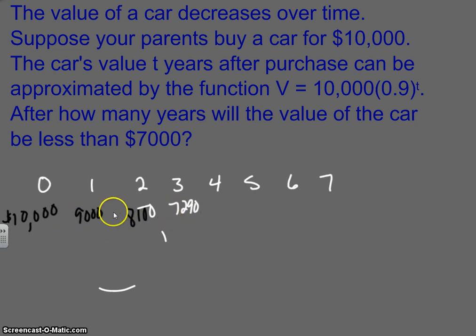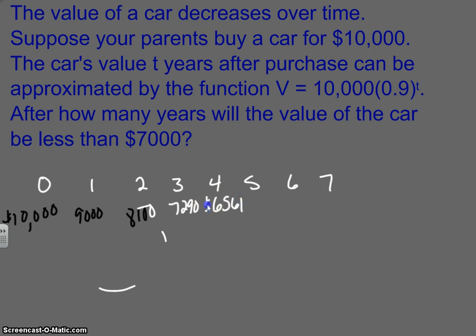I've lost my pen, so I'm just going to use the pointer here. So it's 10,000, 9,000, 8,100, 7,290. Now for the fourth year, we're going to raise 0.9 to the fourth power. Then we're going to multiply that by 10,000.